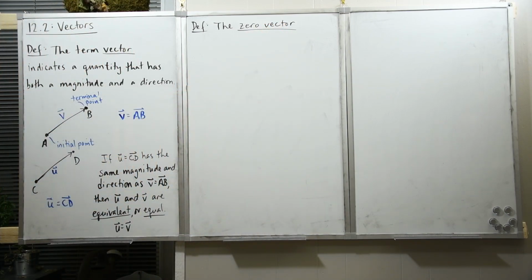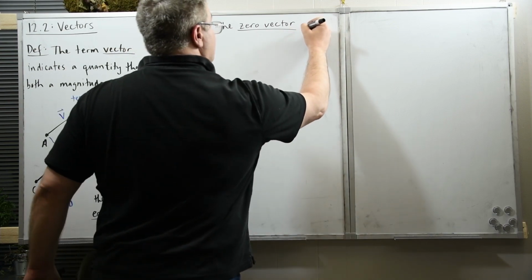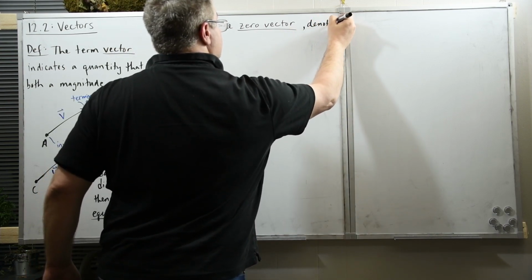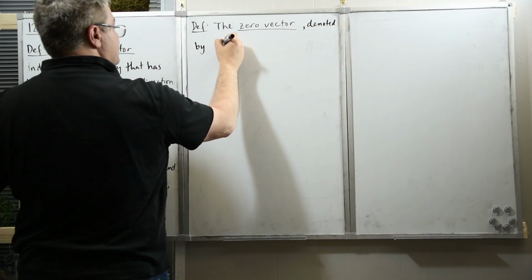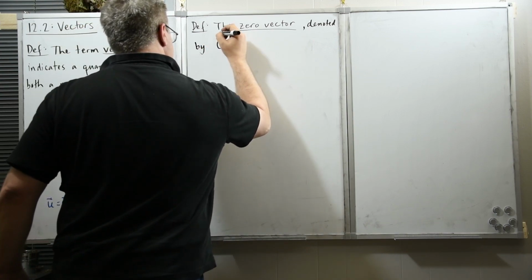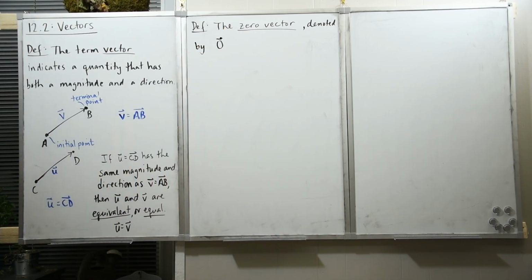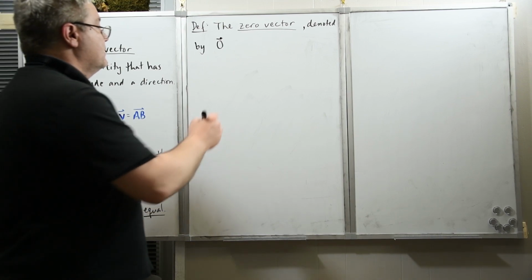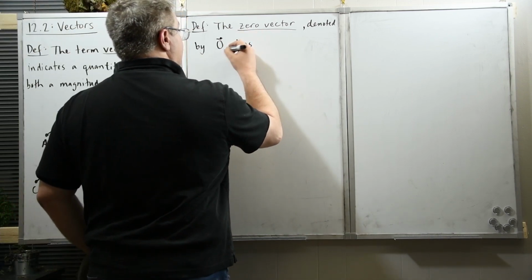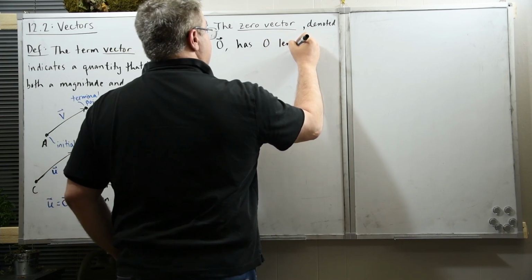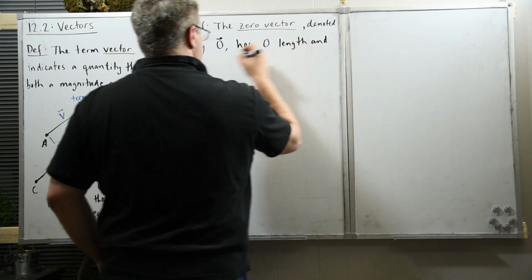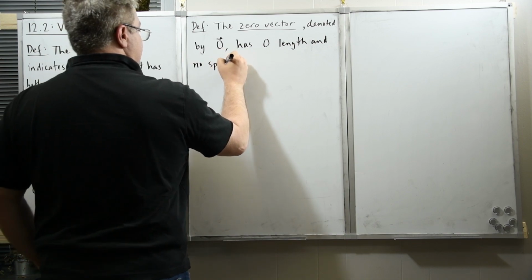So the zero vector, which is denoted by either a bold 0 or 0 with an arrow above it, has 0 length, and no specific direction.